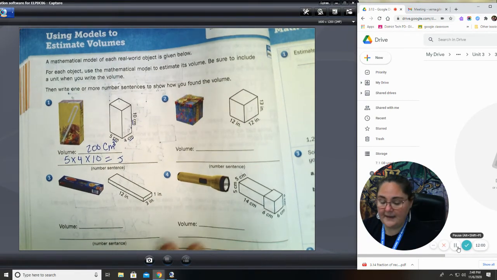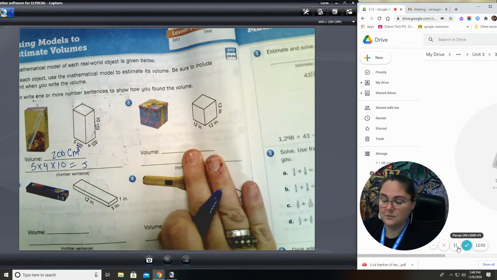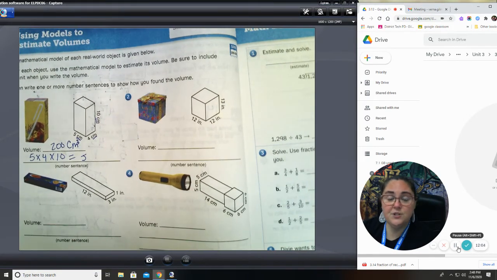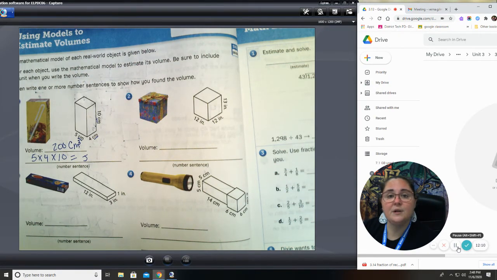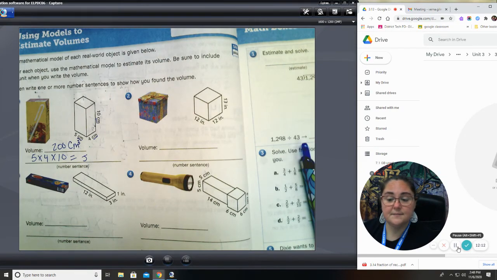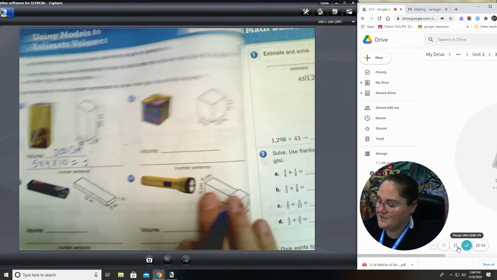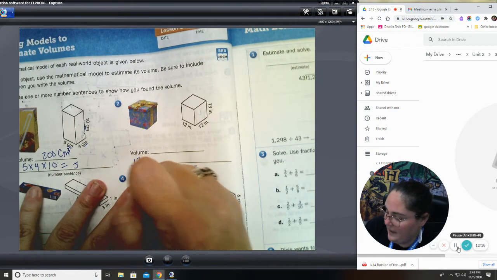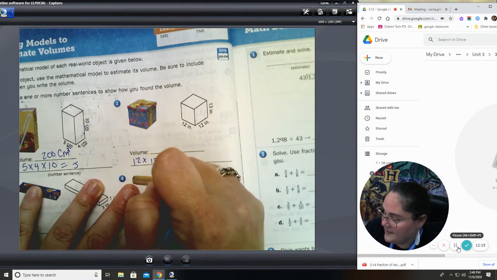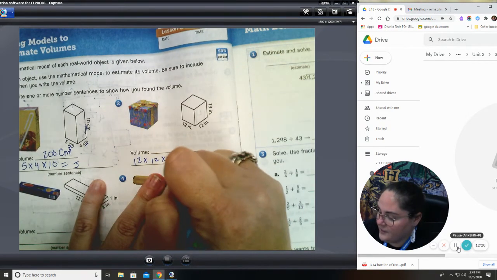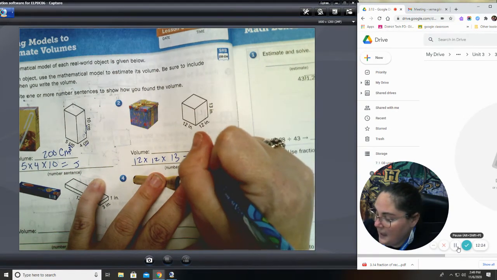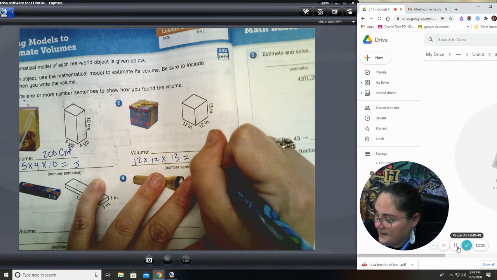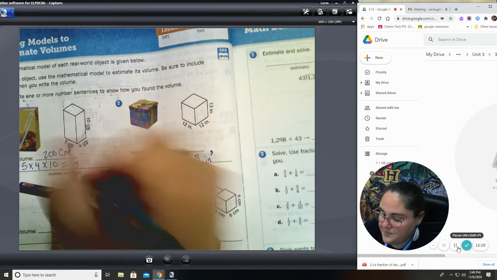What you're going to do right now is you're going to look at number 2. I want you to do the math and do the work for number 2. What is your number sentence? All right, your number sentence should be 12 times 12 times 13 equals, I'm going to say B inches cubed.